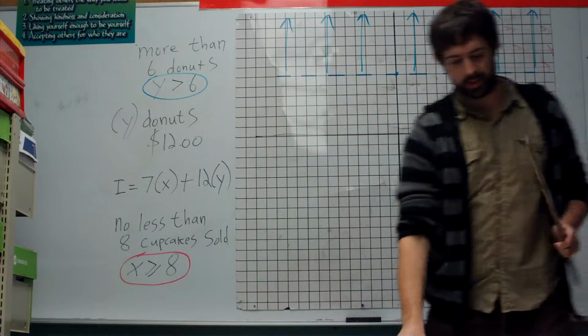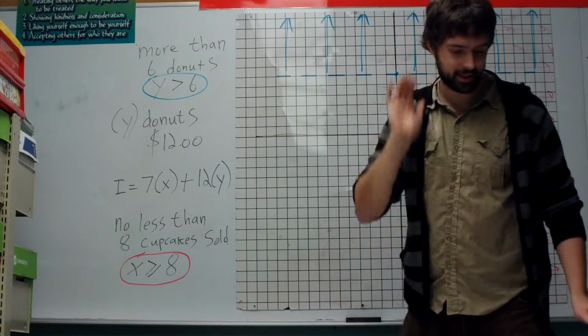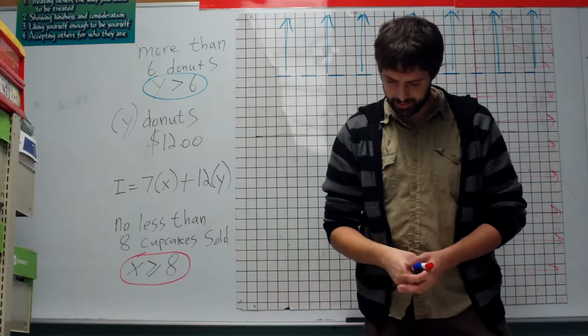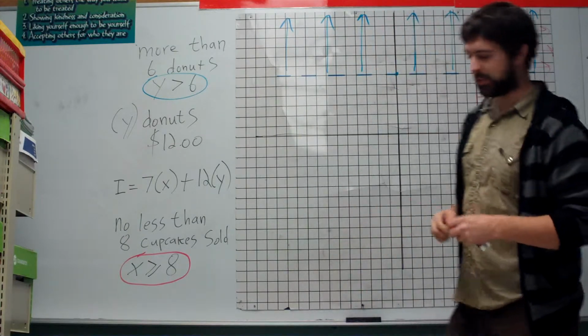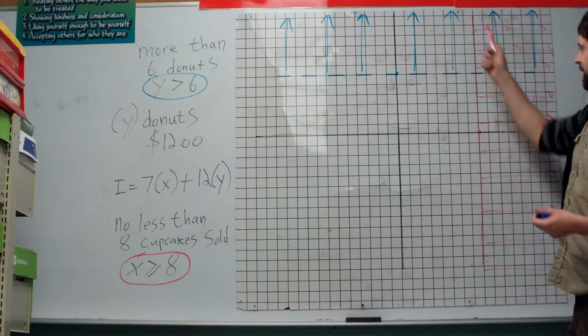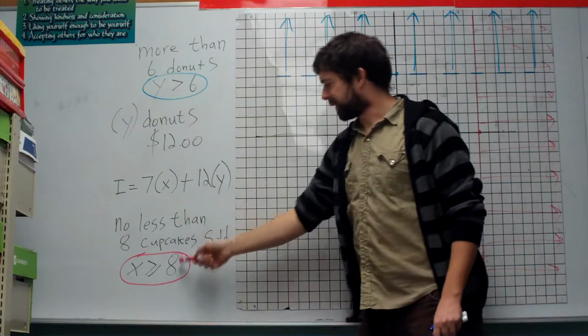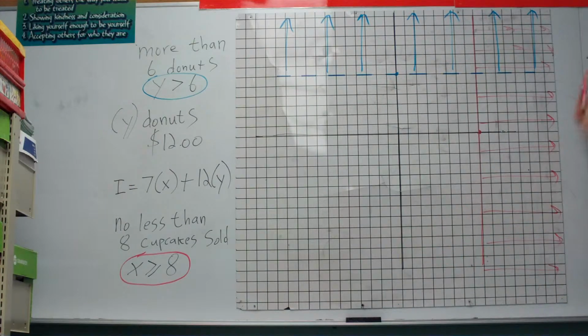So now what do you think we're going to do? You hear Mitch telling me. Find the feasible region. Where is the feasible region? Well, the feasible region is the area that has solutions to both our constraints. So where is the only place on this graph that satisfies both constraints?